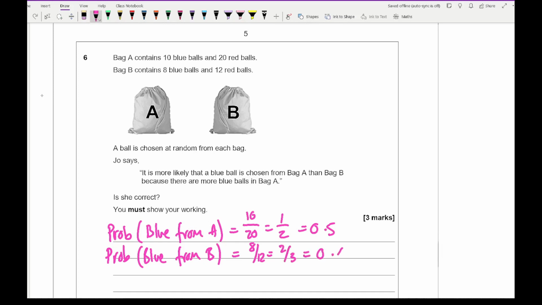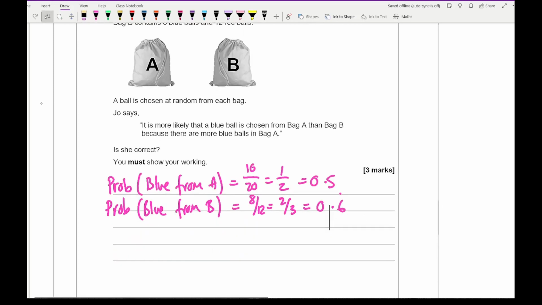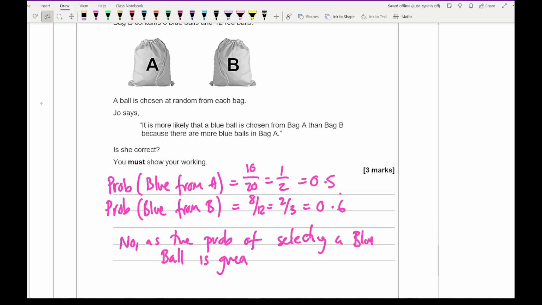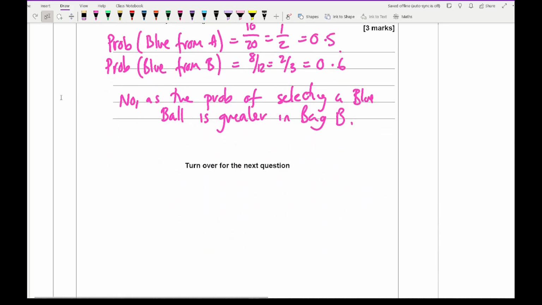And that as a decimal is 0.6 recurring. So is she correct? No, as the probability of selecting a blue ball is greater in bag B. So something along those lines would be absolutely fine.